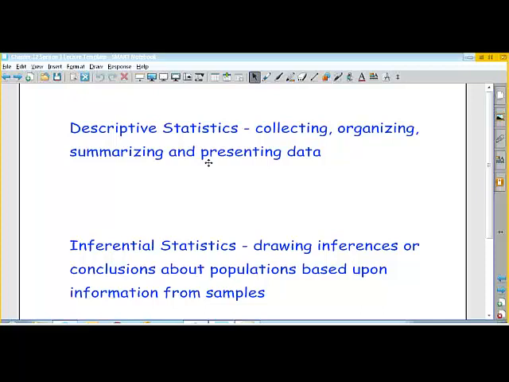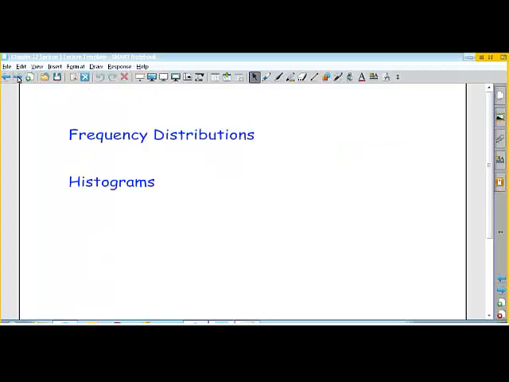If you want the inferential stuff, you'll have to take another statistics class, which will be a little bit more advanced than the current statistics class. Anyway, you don't have to worry about that because you'll be done, hopefully.